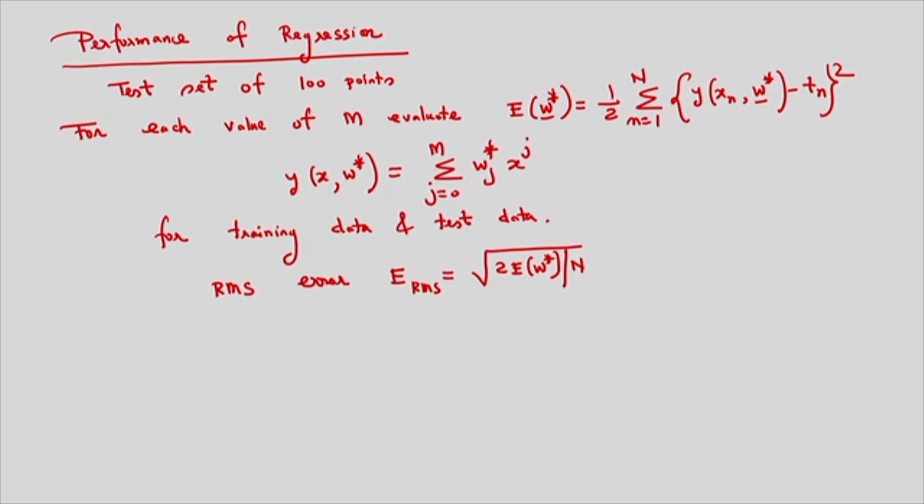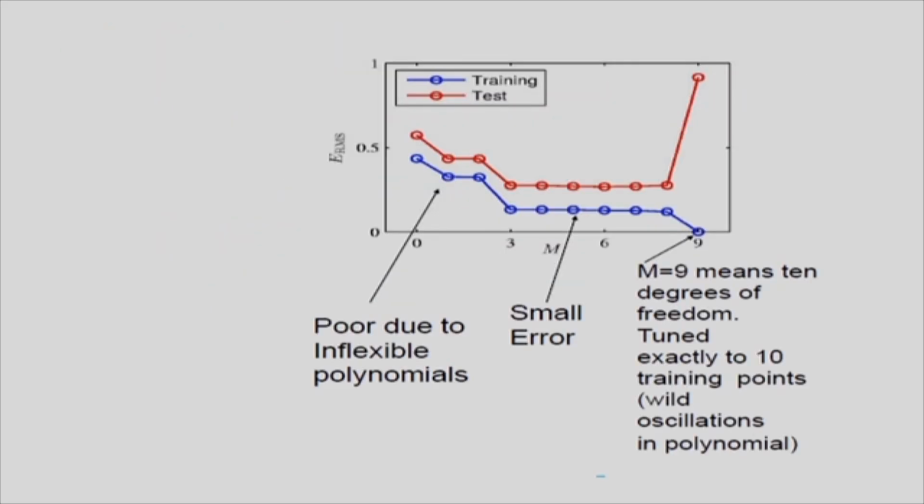So the performance of the regression I can determine based on this RMS error, and pictorially I can show you in the next slide. Here you can see the blue line represents the training and the red represents the testing.